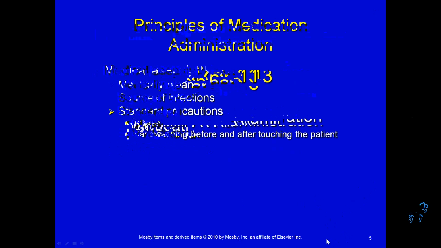Complications of medication administration, certainly local at the site, include hematomas, infiltrations, puncturing an artery instead of a vein, and then the development of a thrombus or a clot at the site. Some systemic complications might include an embolism, catheter shear.